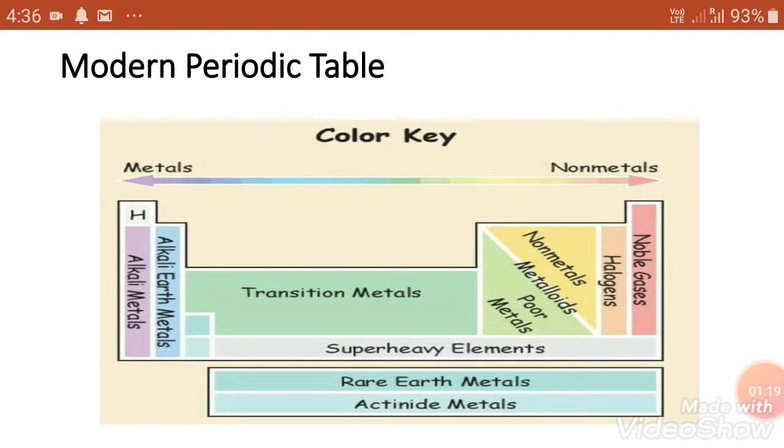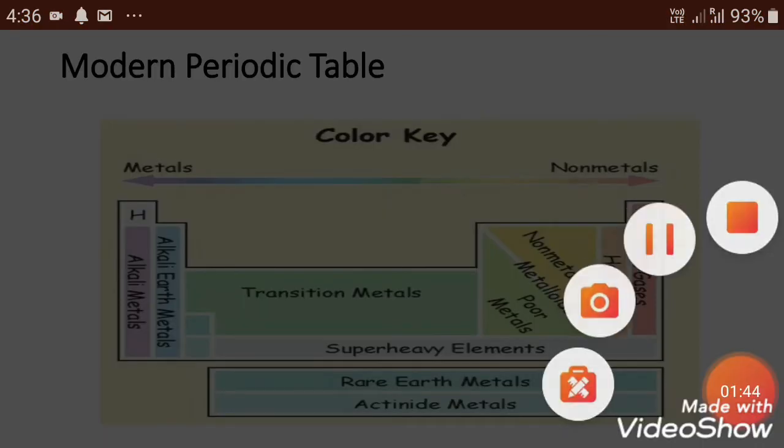As you can see at the bottom, it's written super heavy elements. These elements are very heavy, and they are kept at the bottom of the long form of the periodic table. They are known as the rare earth metals and actinide metals. These two series are called the lanthanide series and the actinide series.